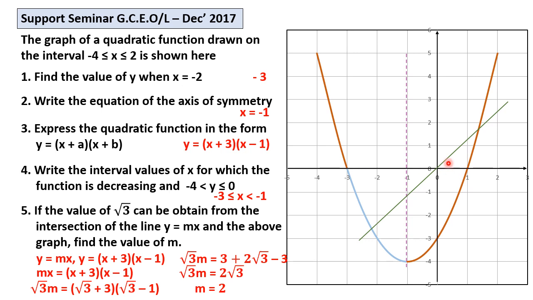If you draw a straight line with the gradient 2, we can determine the value of square root 3. Anyhow, the method of finding the value of m is equalizing the y values. Thereafter, substitute the given square root value for x and you can determine the value of m.